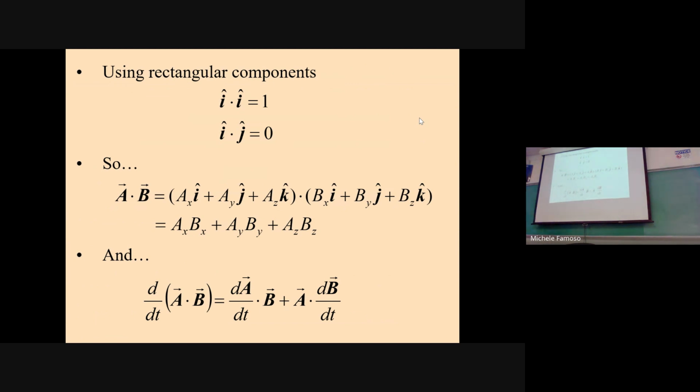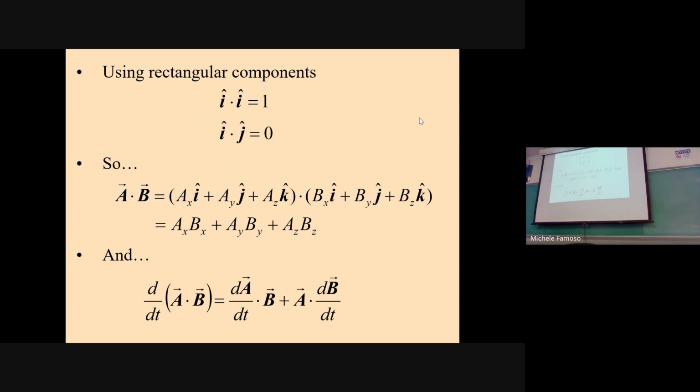Why can I ignore AX in the I direction dotted with BY in the J direction? Why don't I see those in the final result? Yeah, because I dotted with J is 0. So I don't have to worry about distributing components to anything that's perpendicular to it, because that will reduce out to 0.